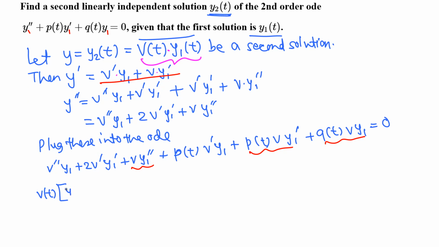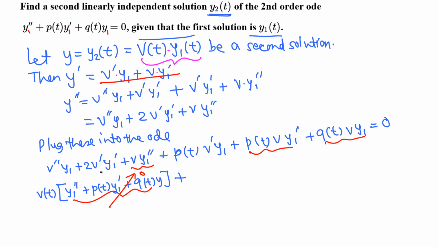So y1 double prime plus, v out, so p y1 prime plus, v out, so q y1, and this collectively is 0 because y1 is a solution, so the whole thing is 0.